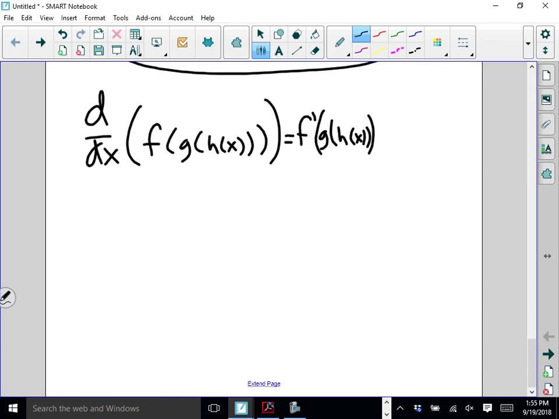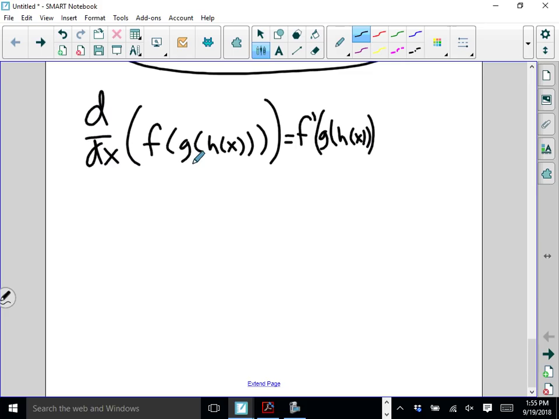If I do the derivative of the outside with respect to the inside, the chain rule says now I have to multiply by the derivative of the inside. Well, the derivative of the inside is not another chain rule. That's why I call it two chains, because you have to do two chain rules.